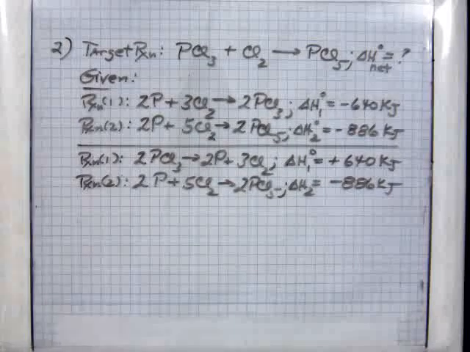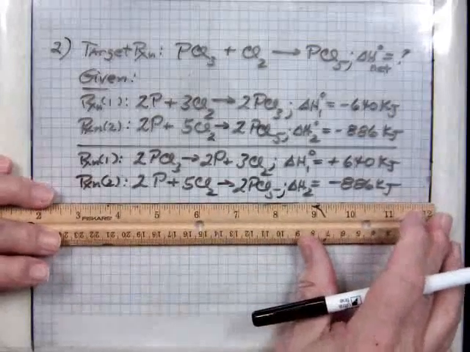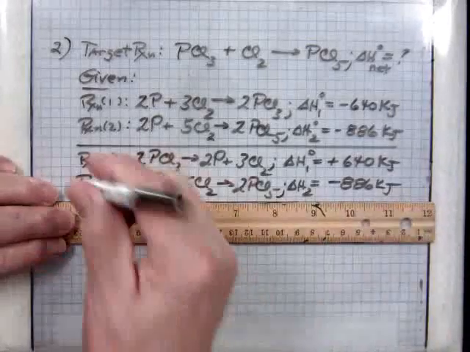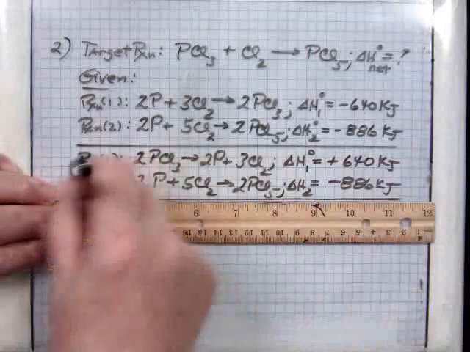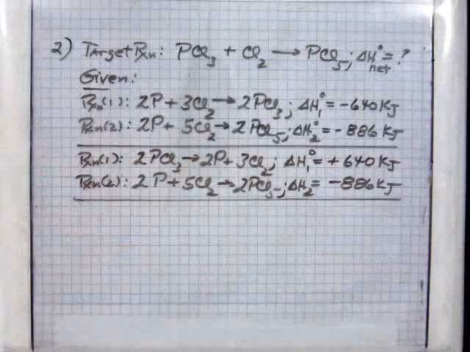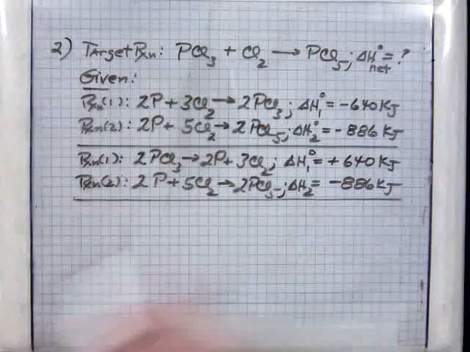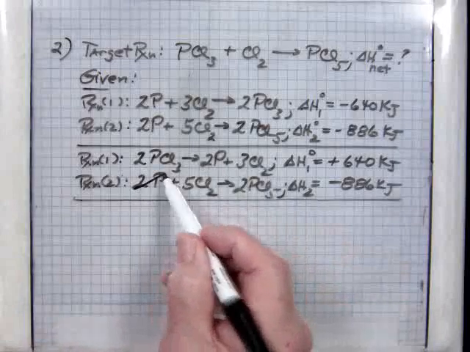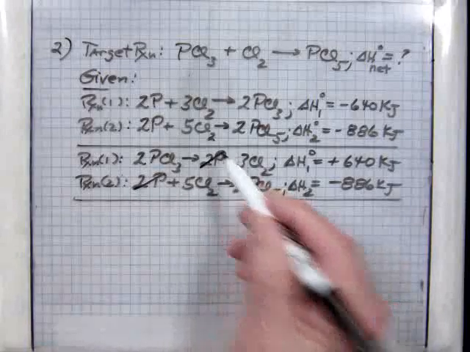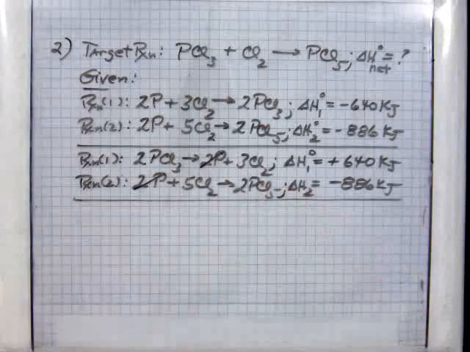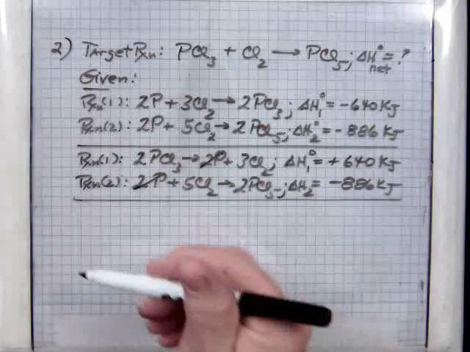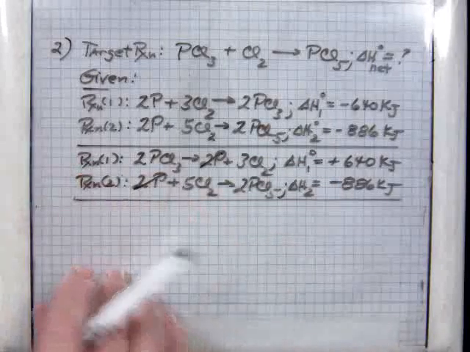Now, again, I'll put a line under the reactions I'm trying to react, and we look at this one has 2 phosphoruses on the left, 2 phosphoruses on the right, and then we will add what we have together in this context.